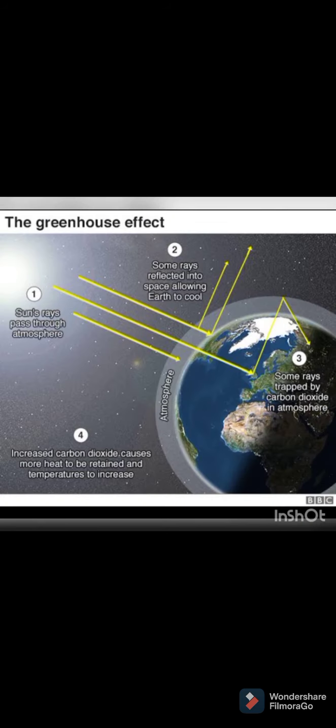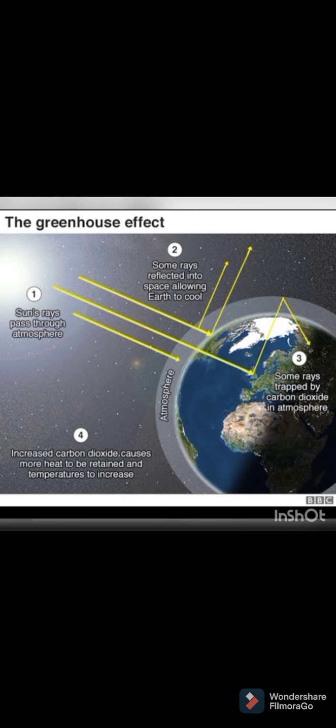Carbon dioxide is the primary driver of global warming. Carbon dioxide absorbs heat reflected from the Earth's surface, heat that would otherwise pass freely into space. The carbon dioxide then releases that heat, warming the Earth's atmosphere.